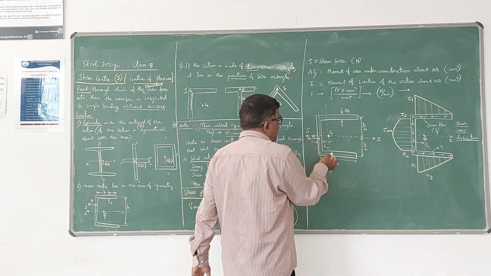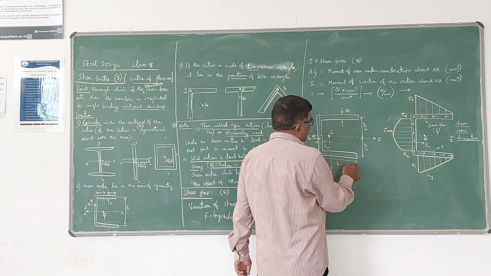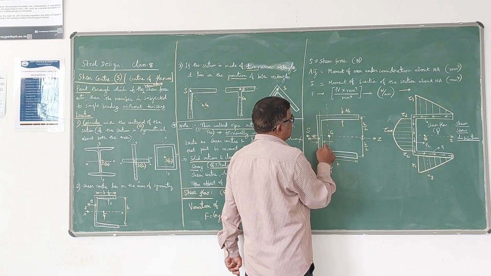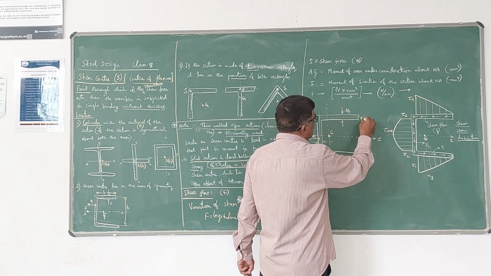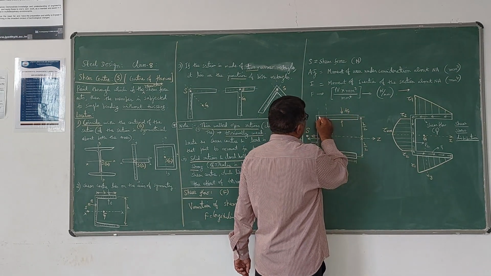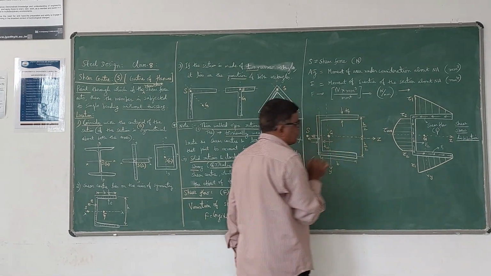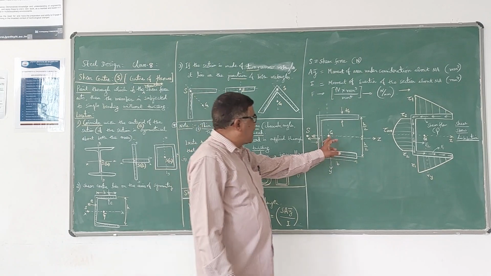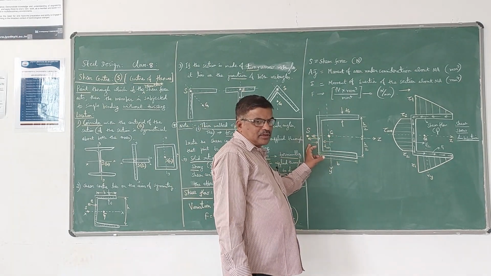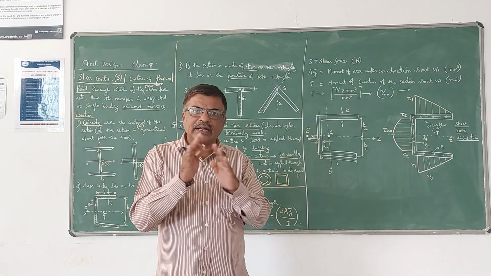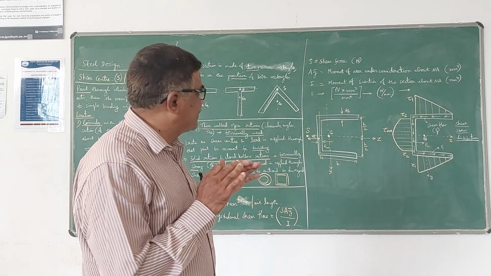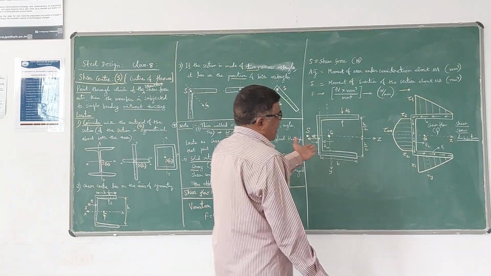And here these are the dimensions. B is the width of the flange, tw is thickness of web, tf is thickness of flange, and h is the distance from the center line of the top flange to the center line of the bottommost flange. So your centroid lies here, and the shear center will be this side. Anyway, both of them will lie on the axis of symmetry, which is z here.